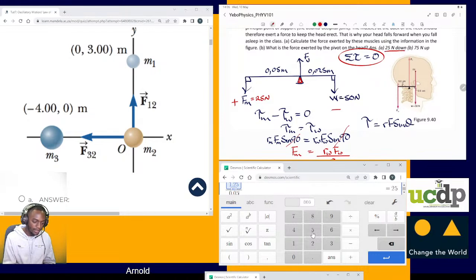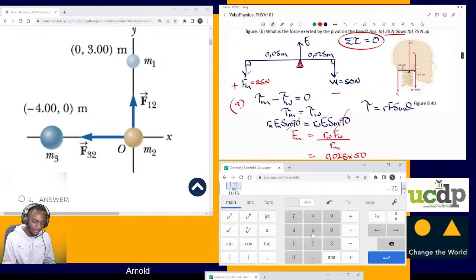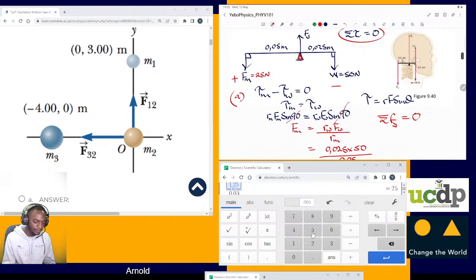Then we should find the force. So this was part A. Force exerted by the pivot on the head, which is our Fj. So for a system in equilibrium, remember that the sum of forces should add up to 0. So in this case, all our forces are in the y. So Fj is the only force in the positive, minus Fm minus Fw add up to 0. So which means our Fj is equal to Fm plus Fw.